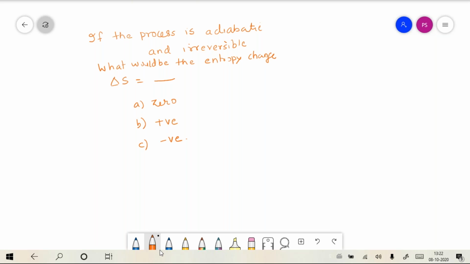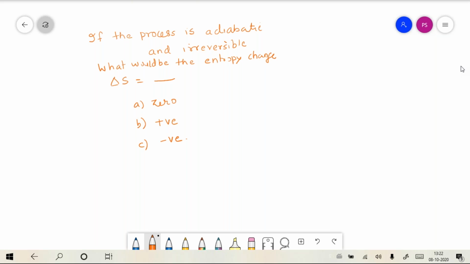Cyrus has got some answer. Gargi is saying it is 0. Think over it, okay? Tejas is saying it would be positive. Vedant is saying it is 0. So Gargi and Vedant are sure that it is 0 because the process is adiabatic. Ritesh is saying it is positive. It is adiabatic, so heat transfer is 0. Ganesh Jadhav is saying it is 0.